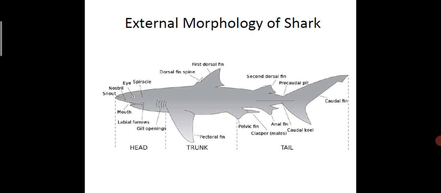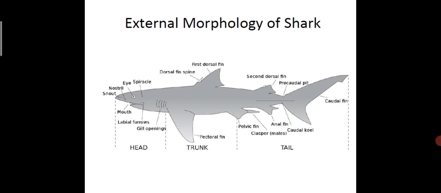In addition, the head and snout on the dorsal side contain numerous pore like structures called ampullary pores. So the head portion is in that form.